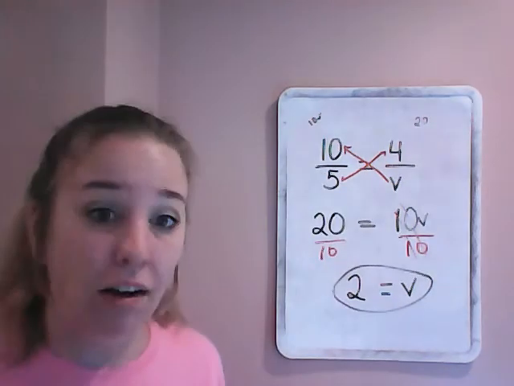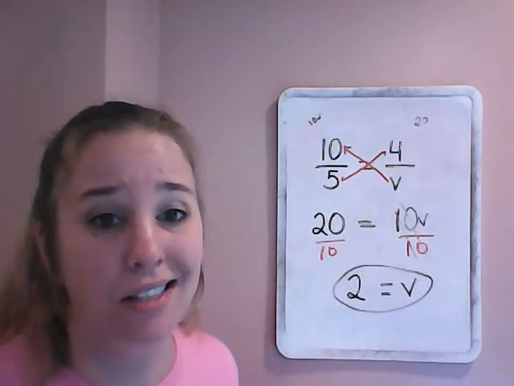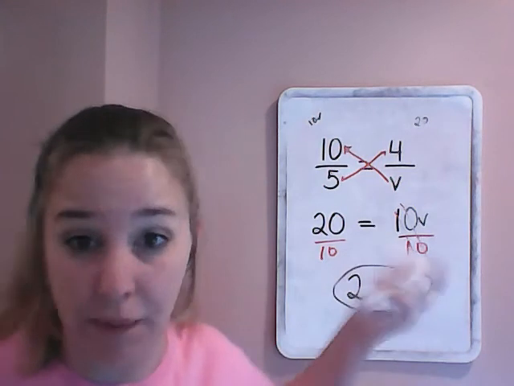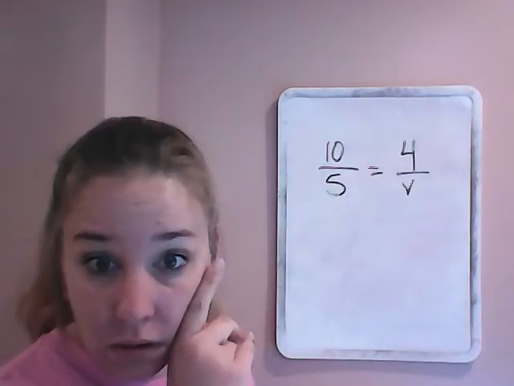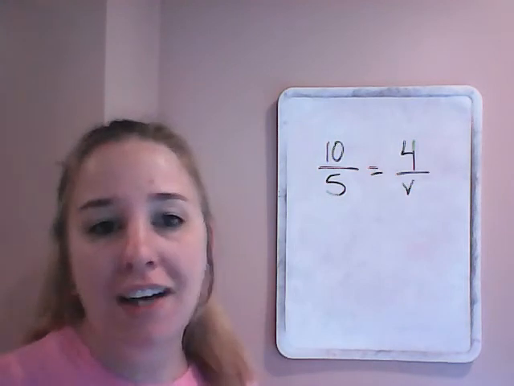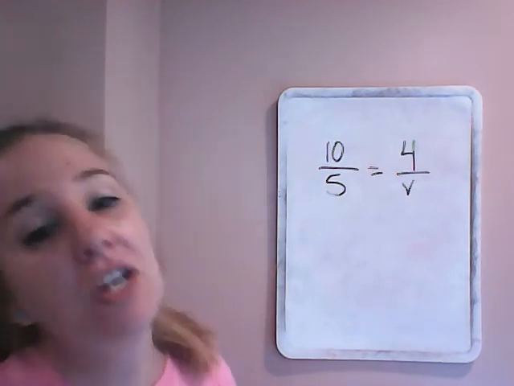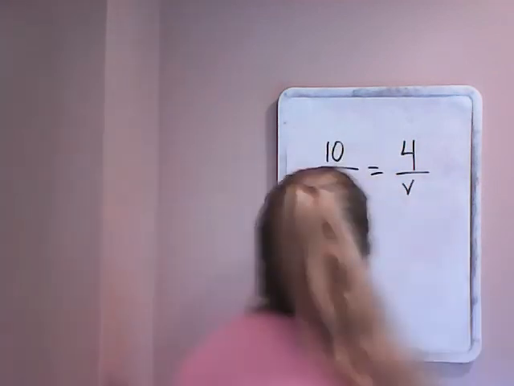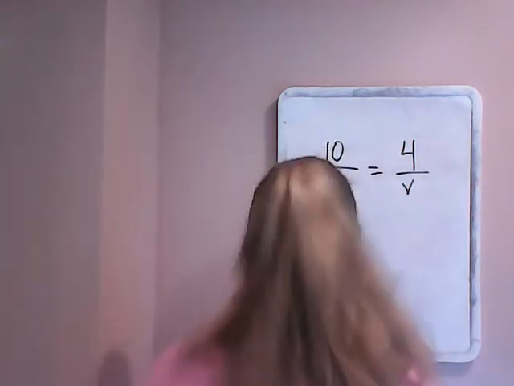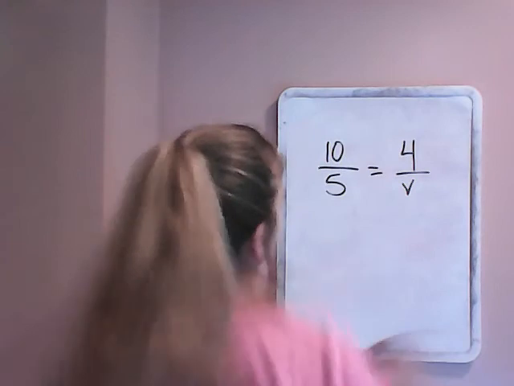I often get questions like, I don't know which one to write first. So I'm going to do it the other way and show you that it doesn't matter. Okay, so this is the same problem I just did, right? But last time when I had said 5 times 4, I wrote the 20 here. You don't have to.